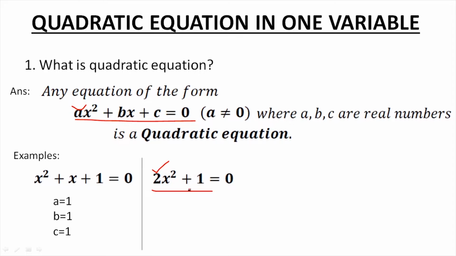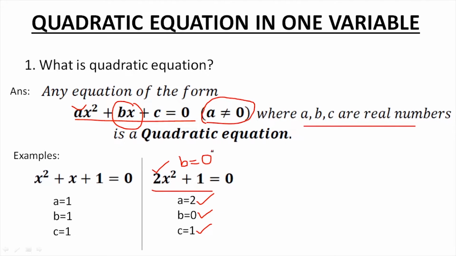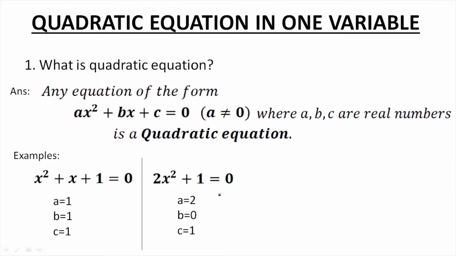There is no x term, so the value of b is 0. And c here is 1. So a is 2, b is 0, and c is 1. These are all real numbers and a is not equal to 0, so this is also a quadratic equation.